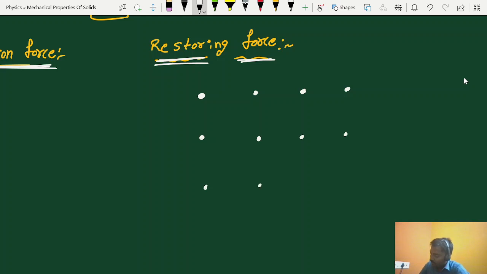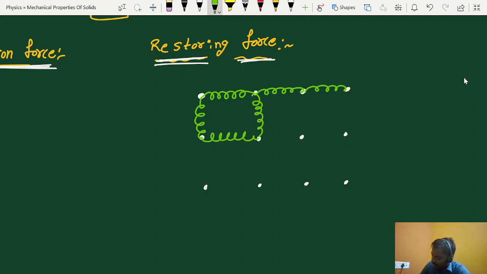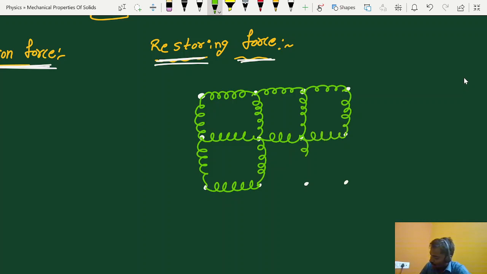I am going to give you the explanation of the arrangement of atoms in a solid body. The arrangement of atoms is like a spring-like structure. We can understand with the help of a spring-like structure.